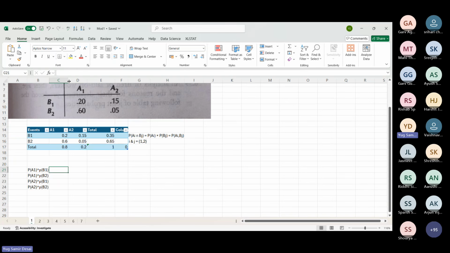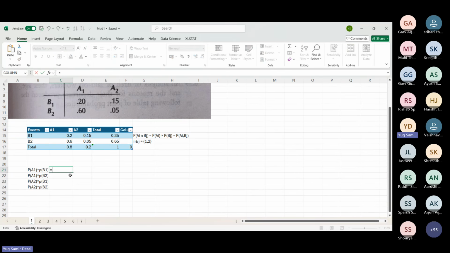Here we are going to multiply the entire value for A1 with B1. The value of A1, which is 0.8 for the entire event, remember. Right now, let's not be concerned about whether our multiplication is right or wrong.